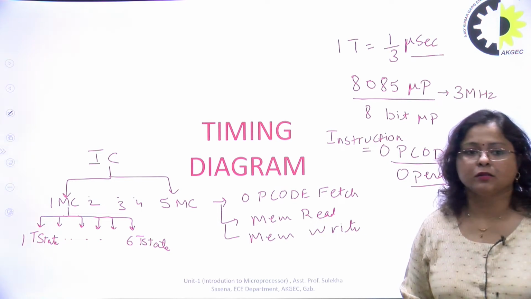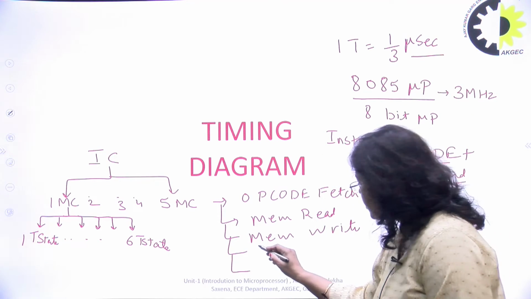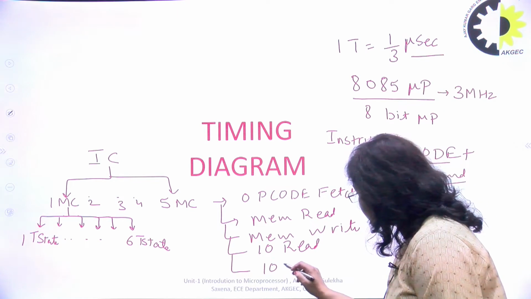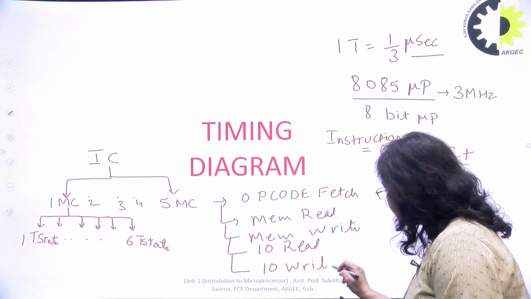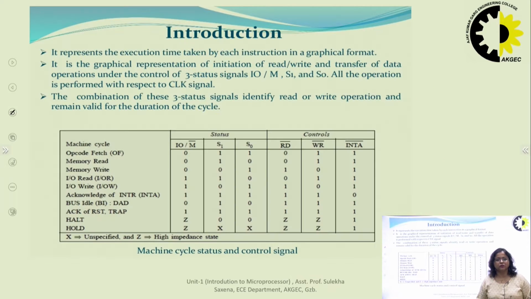Similarly, the time required to read or write data from IO is defined as IO read or IO write. So, overall, there are broadly 5 machine cycles that are defined for any microprocessor. In this lecture, we will cover the various timing diagrams as well as the description of each timing diagram with respect to T states.